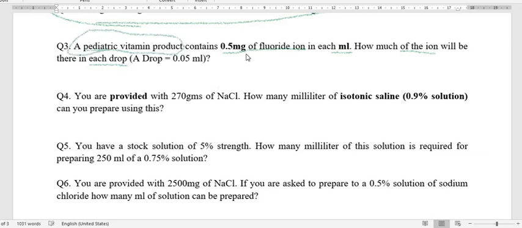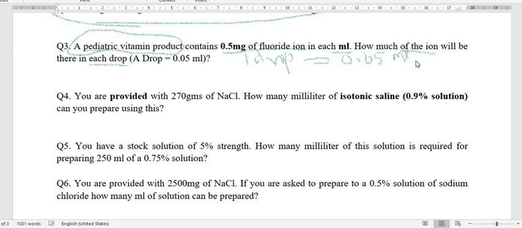Here, in the question they have already given that 1 drop is equal to 0.05 ml. So we have to calculate how many drops are present in 1 ml.